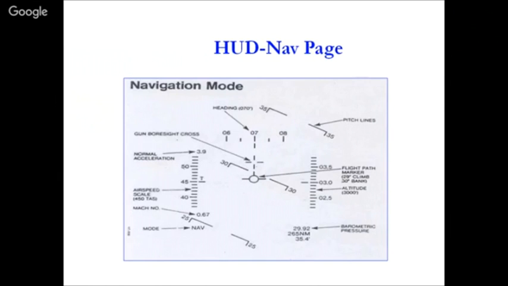This is basically a typical navigation mode page of a head-up display. Now here what you can see, is it visible? Yeah. Pardon? Madam, the view is invisible. Okay. No problem.